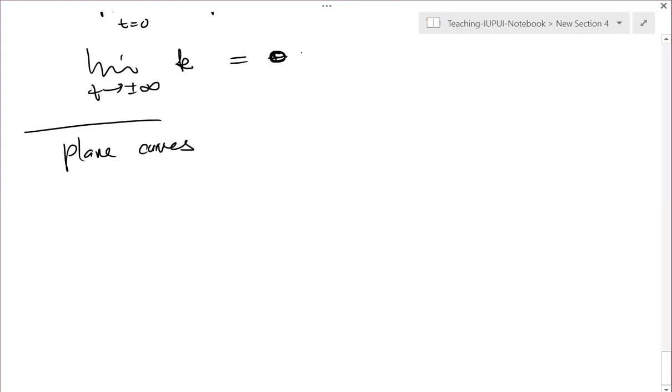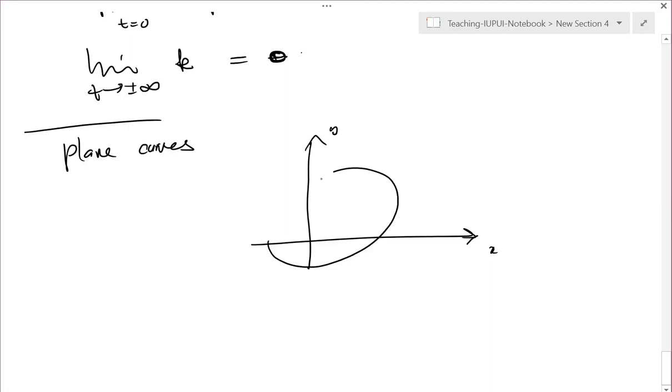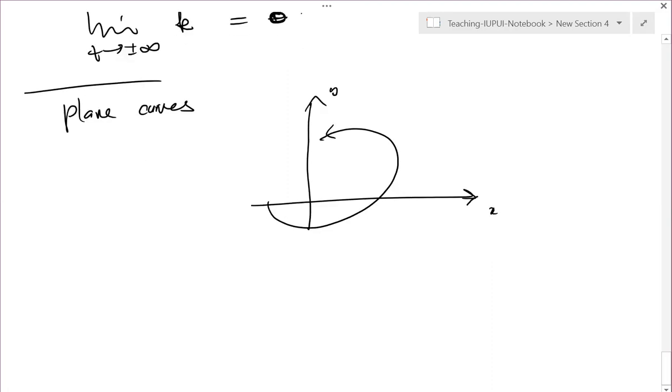Plane curves: it's in the plane, with the x-axis and y-axis, and we have a curve here. So I can assume that the length of gamma prime s is 1.